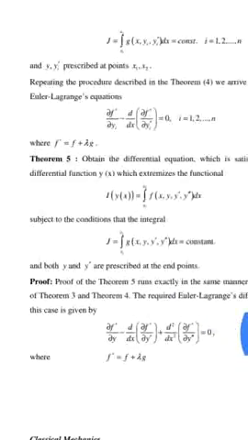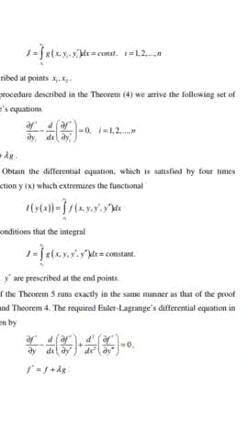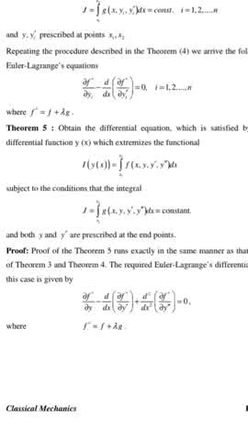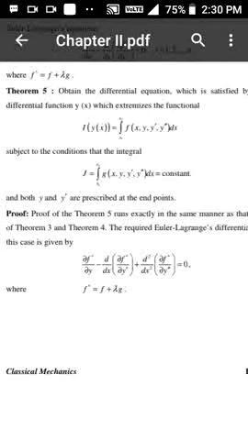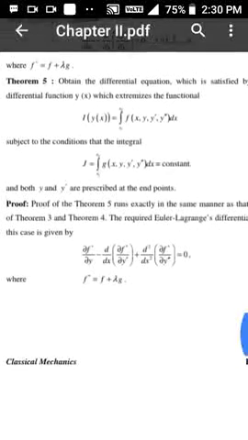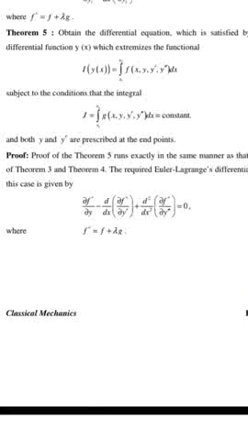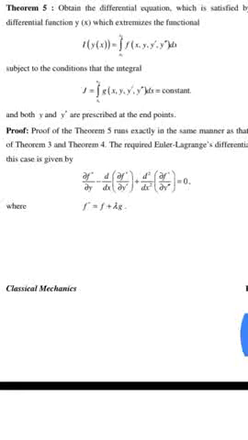Next theorem. Obtain the differential equation which is satisfied by the function y of x which extremizes the functional I of y of x equal to the integral from x1 to x2 of f of x, y, y dash, y double dash dx, subject to the condition J equal to the integral from x1 to x2 of g of x, y, y dash, y double dash dx equal to a constant, and both y and y dash are prescribed at the endpoints.